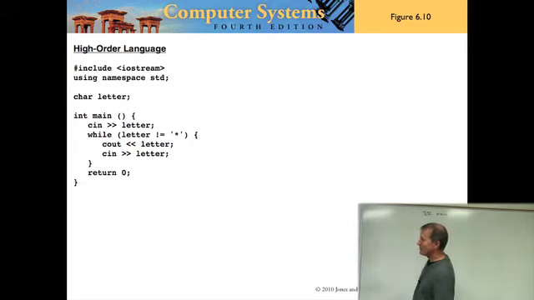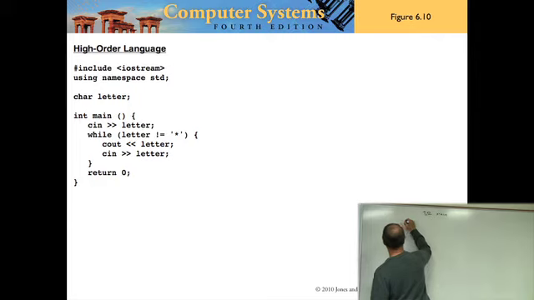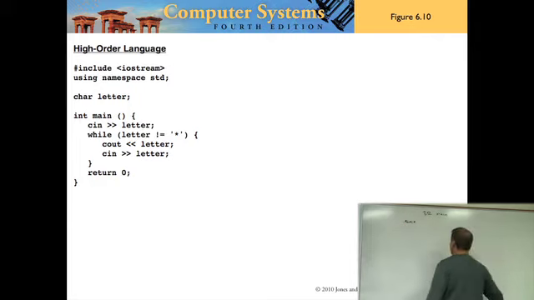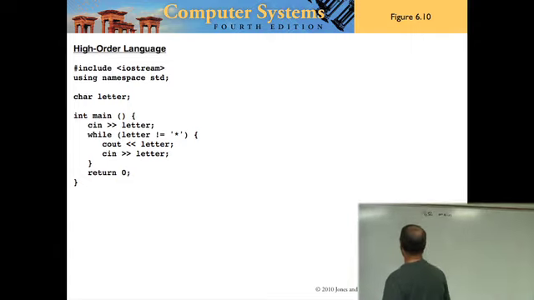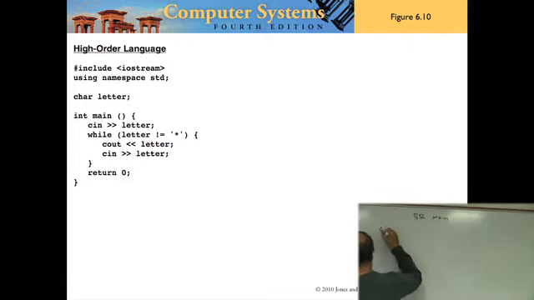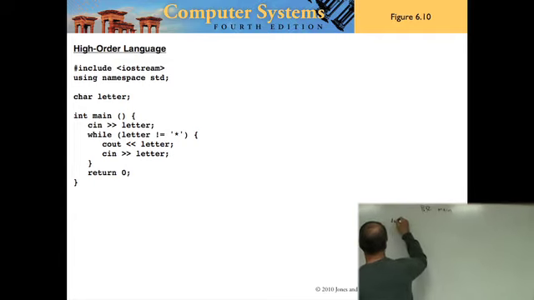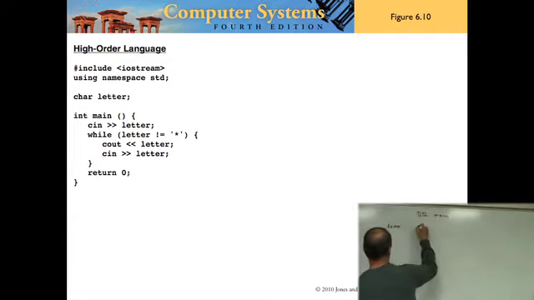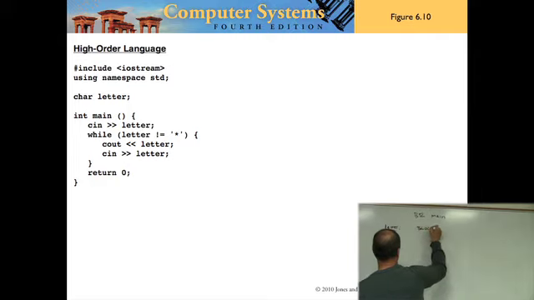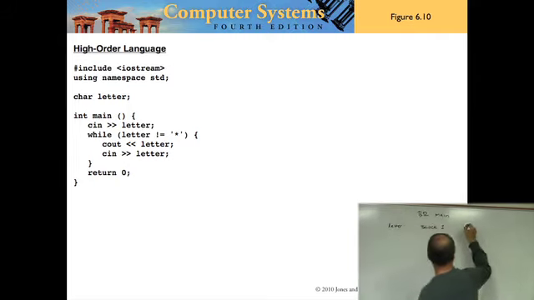Letter now is global. So let's go back and do a global example here. Dot block. Oh, sorry, it's a letter. Dot block 1. Now, what do we put here for this?